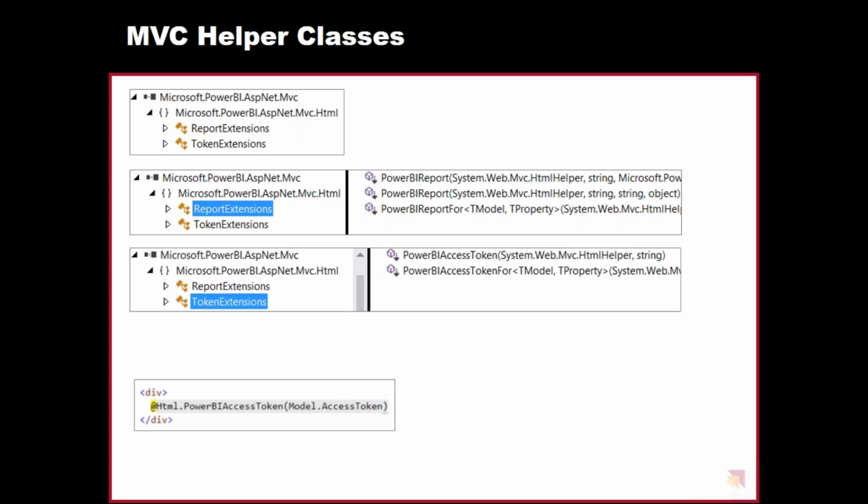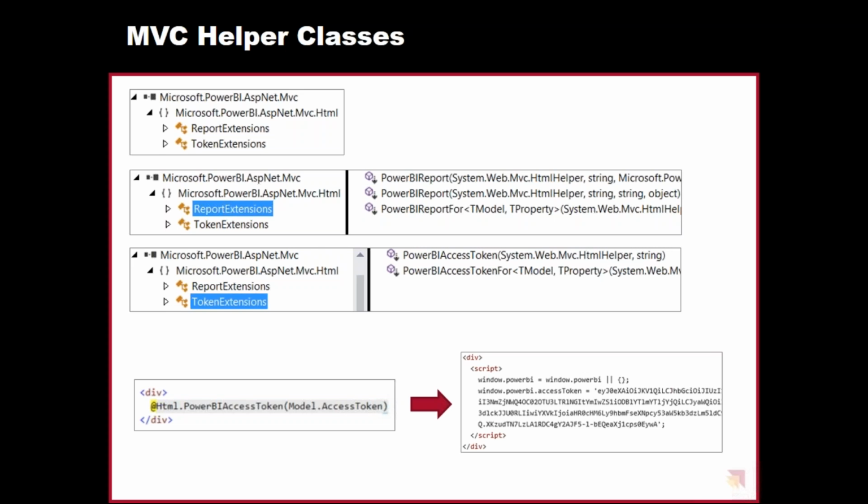And the idea of these MVC helpers is that when you're working with a Razor view, just like you can say @Html.ActionLink, you can also say @Html.PowerBIAccessToken. And the idea is that when you add this MVC helper inside there, it will take your access token, it will reach across the network and get the embed token and add that inside of the report.